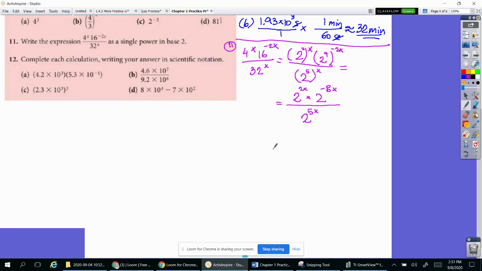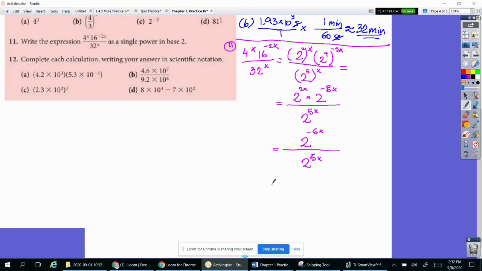Now, we're going to use the multiplication rule. With two powers of the same base being multiplied, we're going to add the exponents. So what we end up with is 2x minus 8x, that's negative 6x, so 2 raised to the negative 6x, over 2 raised to the 5x.